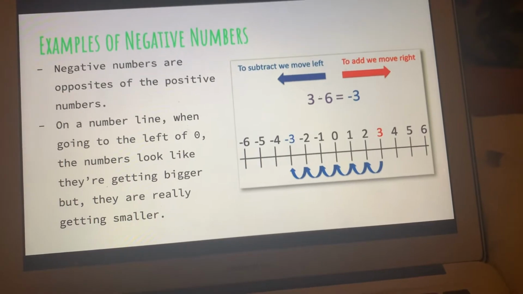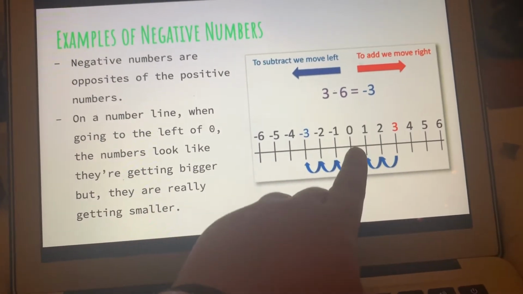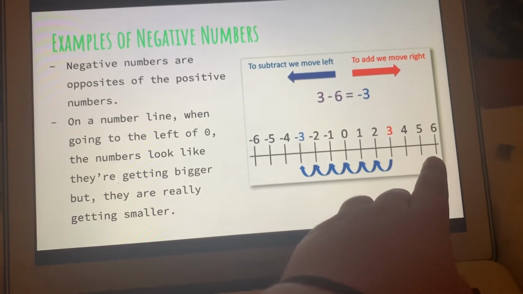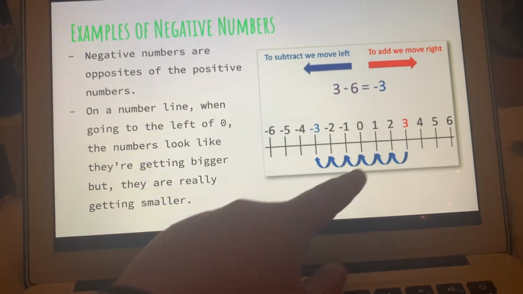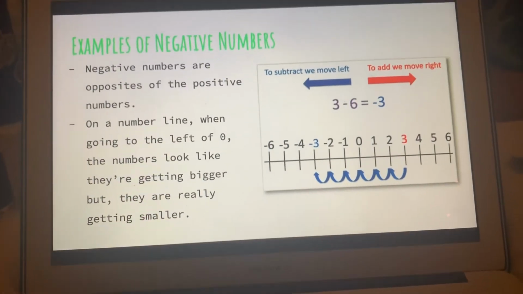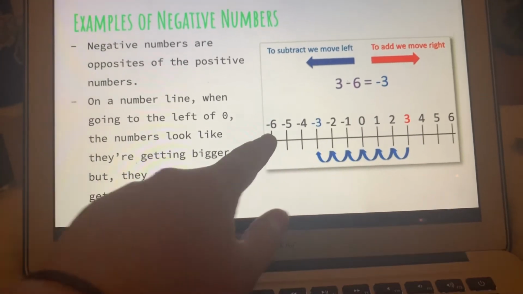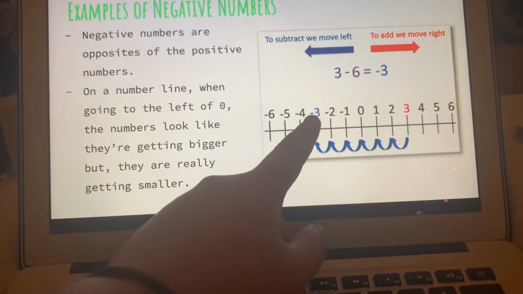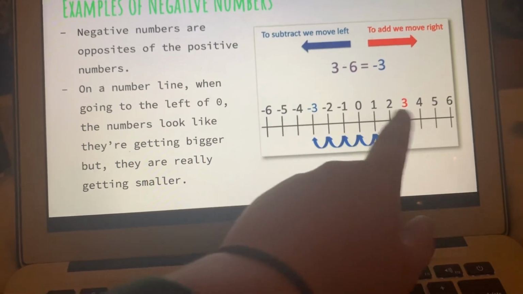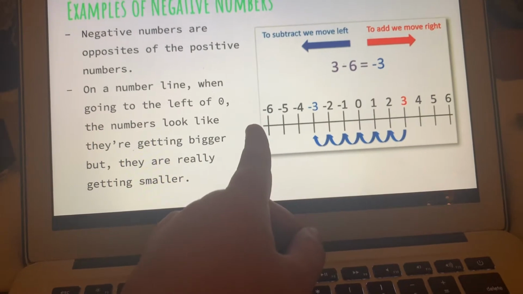If you move over to the right, it looks like they are getting bigger, and if you move over to the left, it still looks like it's getting bigger. But in reality, when you move to the left from 0 toward negative numbers like -1, -2, -3, you think that you're counting upwards, but you are actually going backwards.